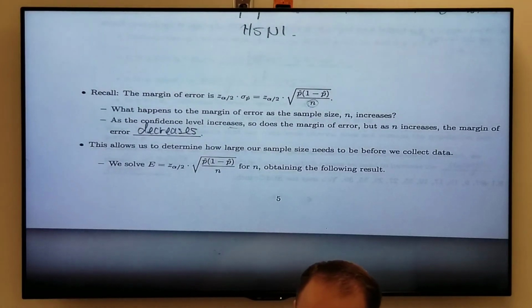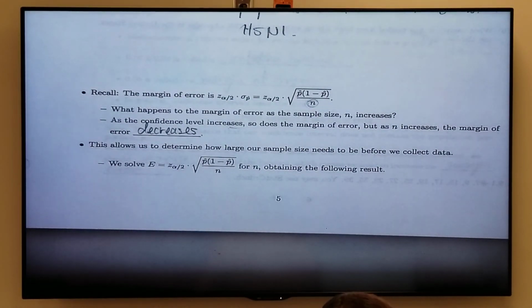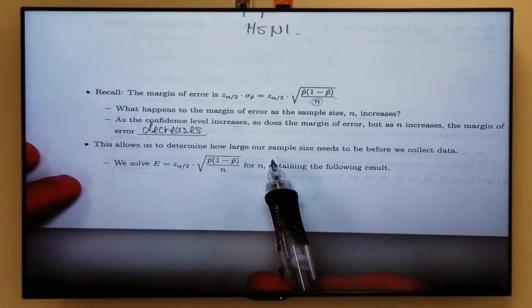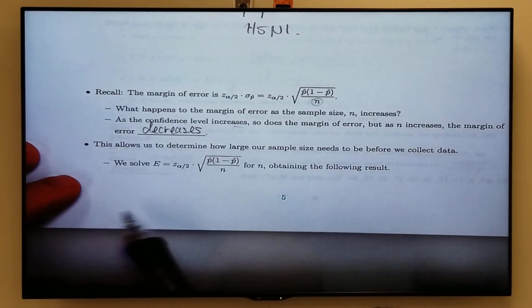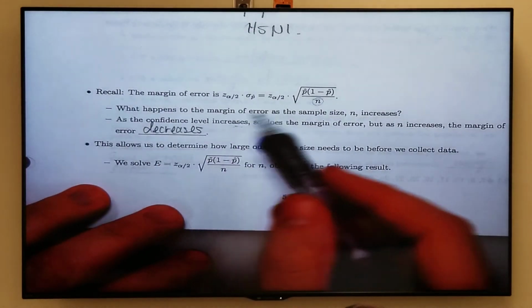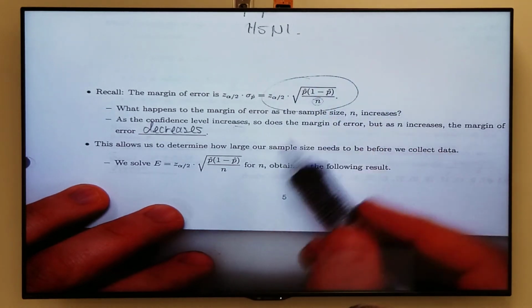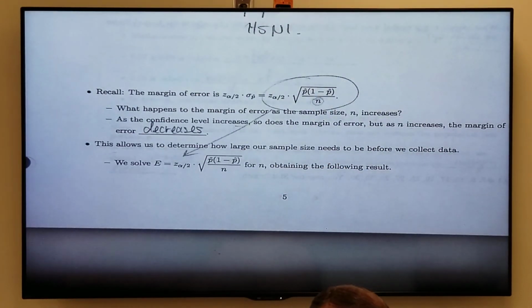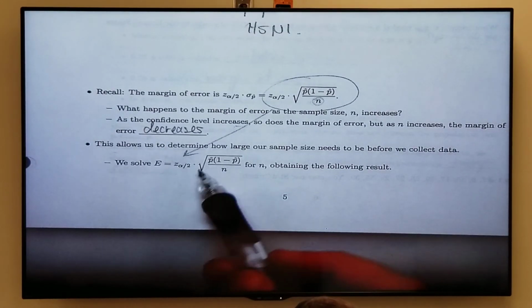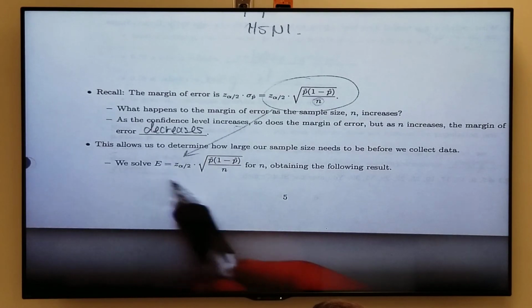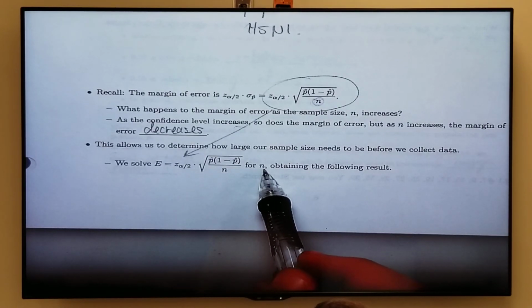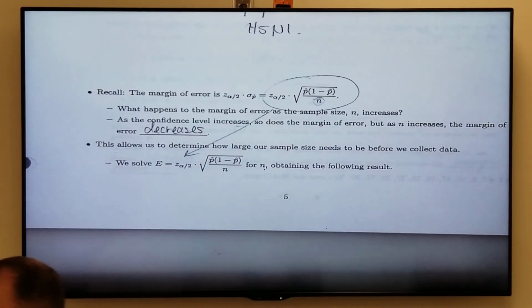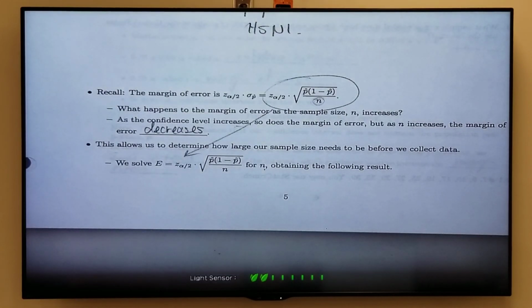So these two things taken together allow us to determine how large our sample needs to be before we collect data. We take this formula and call it E. We say E is z sub alpha over 2 times the square root of p hat times q hat over n. And if you take this equation and solve it for n, then you end up with the results that we're going to look at on the next page.